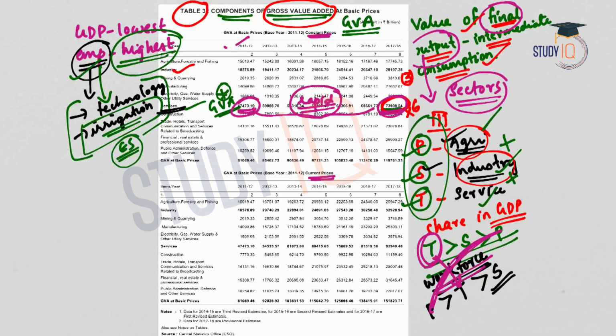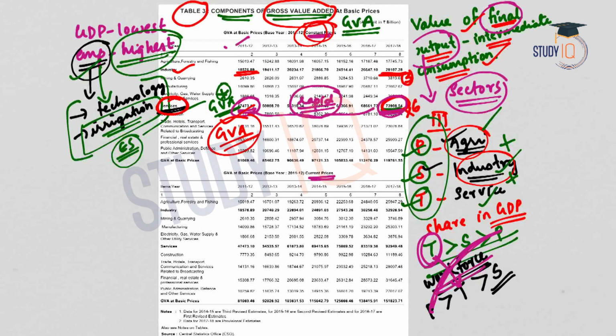Now the industrial sector. Here also we will not see such a significant improvement as in the case of the services sector. So the services sector in the Indian economy is growing at a very rapid pace and contributing to the gross value added in the economy. This is the role of the service sector in employment generation as well as in economic growth and development. Now we have seen all this at constant prices.